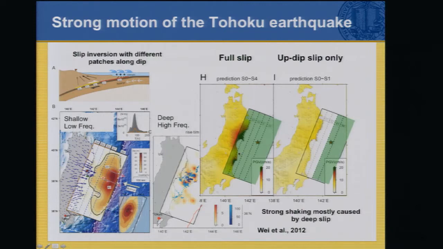And if you use the whole slip, adding the deep slip, you will see really the important high seismic intensities. So the idea is that for the Tohoku earthquake, it's the deep short period slip that is responsible for the strong ground motions. So adding this high frequency aspect to earthquake early warning will be very beneficial in that aspect.